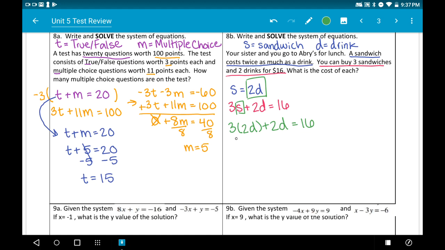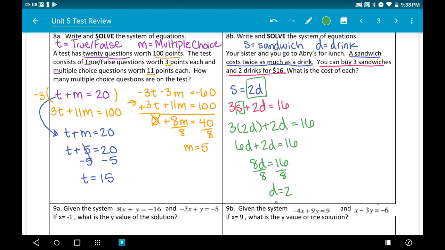Then I multiply these out, so 3 times 2 is 6D plus 2D equals 16. 6 plus 2 is 8D. And then to solve that, we divide by an 8, which means D equals 2.